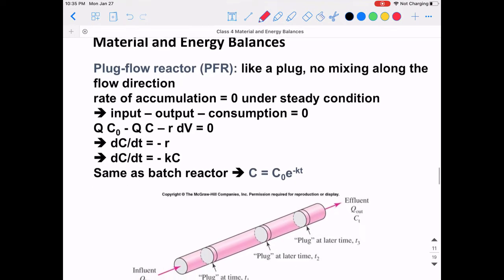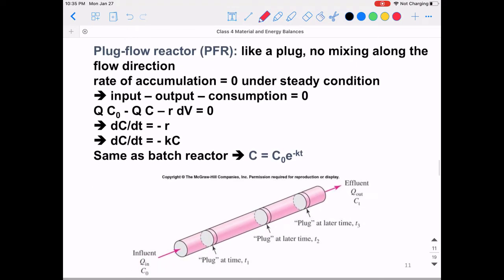So the first commonly used reactor type is called a plug flow reactor. The plug flow reactor is just like a plug, right? Basically you have a space, either a cylinder or a square duct and so forth, but there's a flow going through, okay?